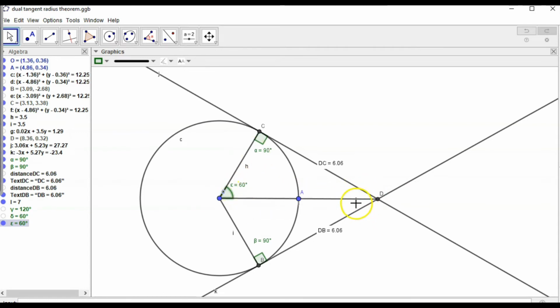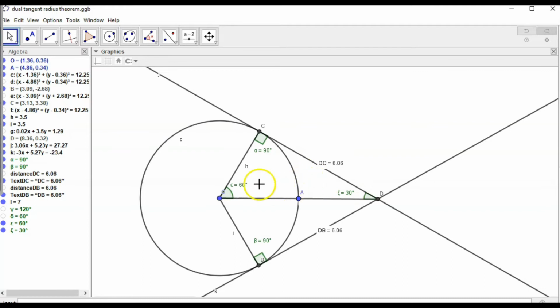Again, remember the full angle at D was 60. Let's find out if we measure angle CDO. What value is it showing? It's showing an angle of 30 degrees.